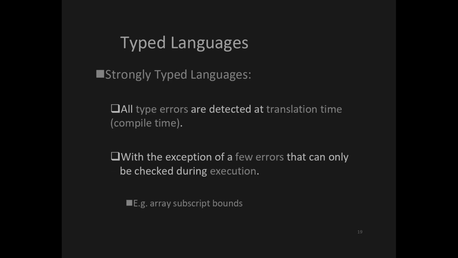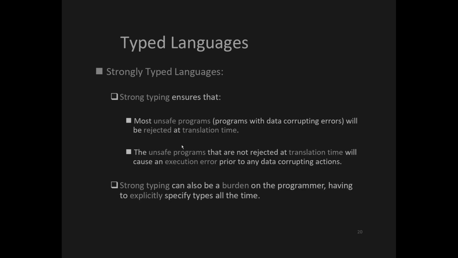Okay, then yeah, all of these type errors are going to be detected at compile time, with the exception of very few errors. So for the most part, everything's going to be checked.